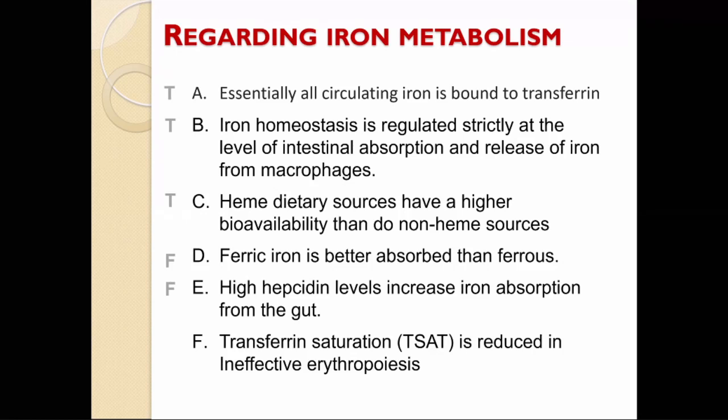Now what we mean by ineffective erythropoiesis is conditions like thalassemias and sickle cell anemias, where the red cells are either not properly produced or they're destroyed. There's a problem in the hemoglobin that is produced.